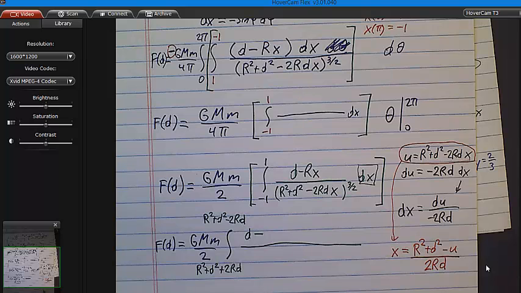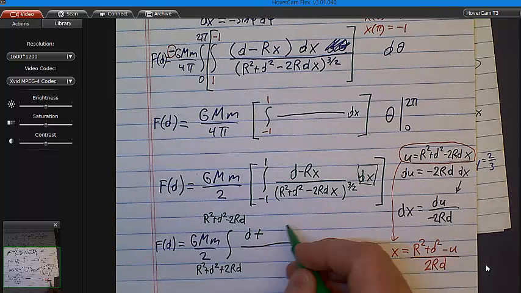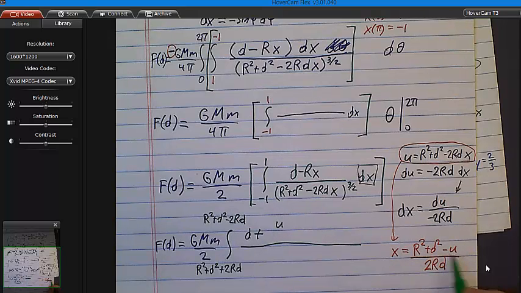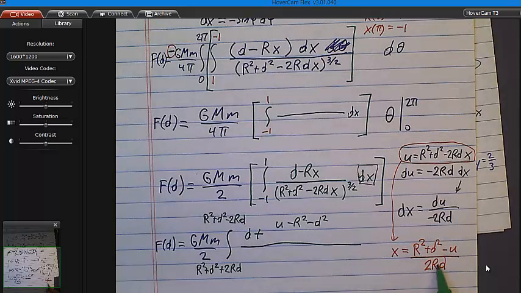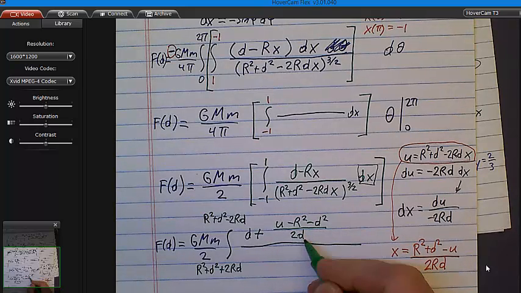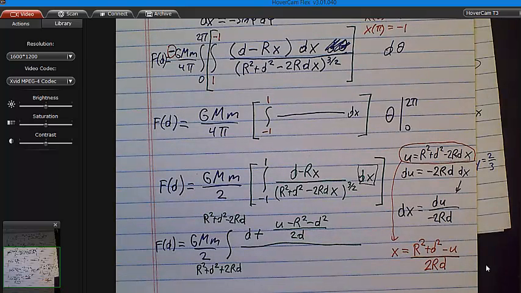So it's minus, so why don't I make it plus and just reverse the numerator? Make it u minus r squared minus d squared. The r canceled with that r over, and then this is 2d, right? Or not 2d, that's the question. No, 2d. And then times, let's see.